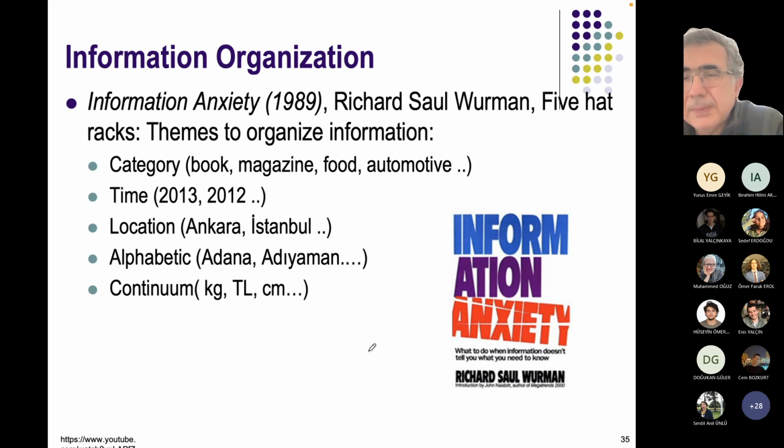Second is the time axis organization. This year, last year, past year, etc. Location-based categorization or organization, alphabetic organization, or continuous organization like length, weight, etc. So this is how we organize information, he says.